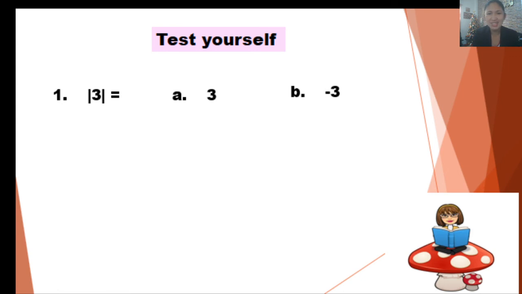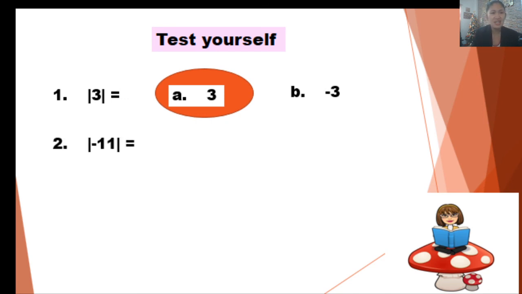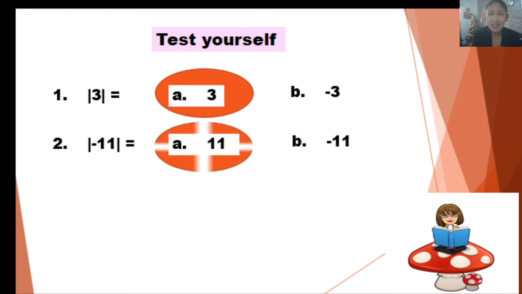Come on, I know you can do that. It is 3, positive 3, never negative. Let's have another. The absolute value of negative 11. Is it 11 or negative 11? The answer is 11. Very good.